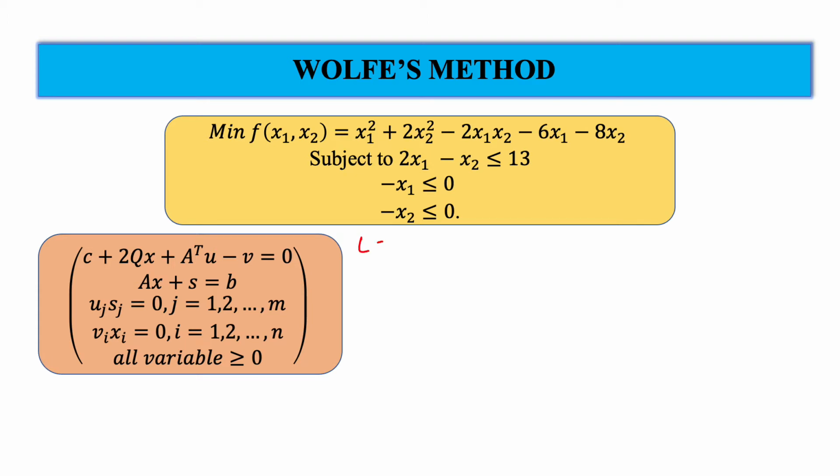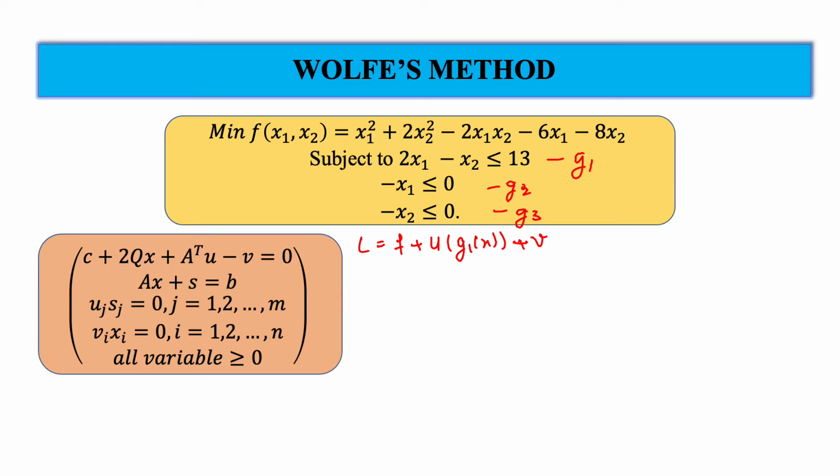The Lagrange function is F plus KKT multiplier u for the first constraint, that is G1, this is G2, this is G3.